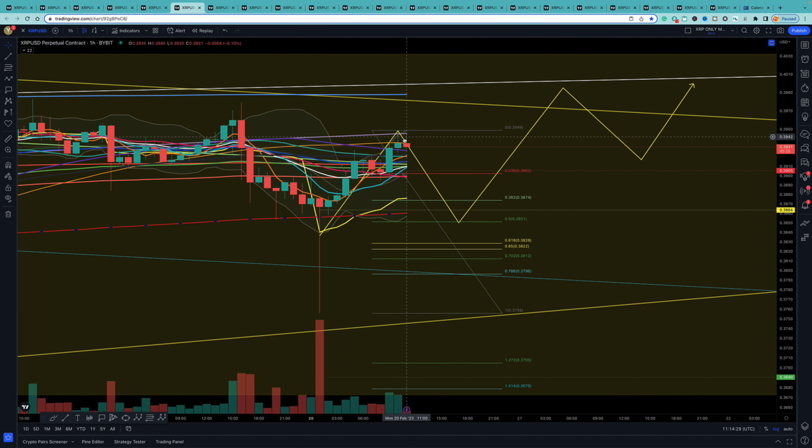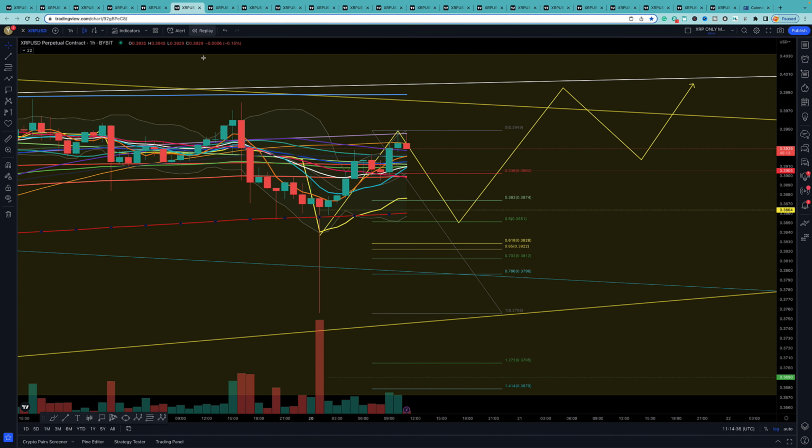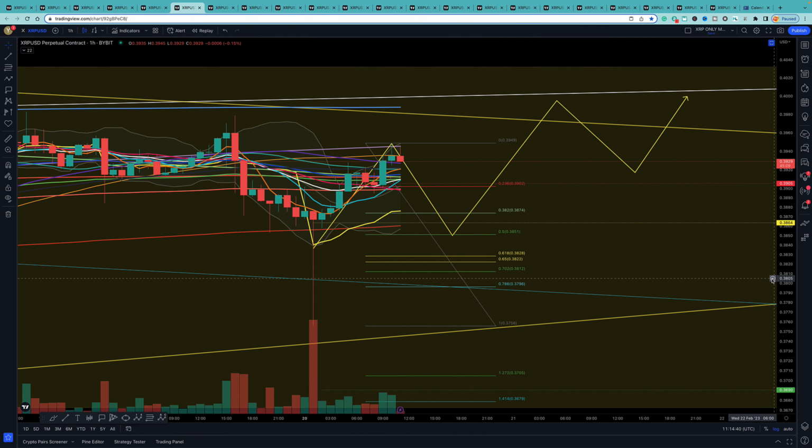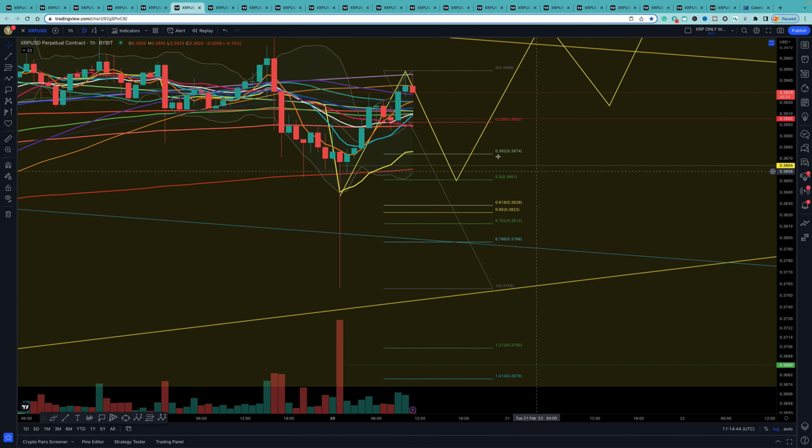So if the 1 hour starts to come back down here again and the stock starts to get exhausted down here, I think that's a good indication that it could be worth a long position. So I'll be watching for that, yeah.